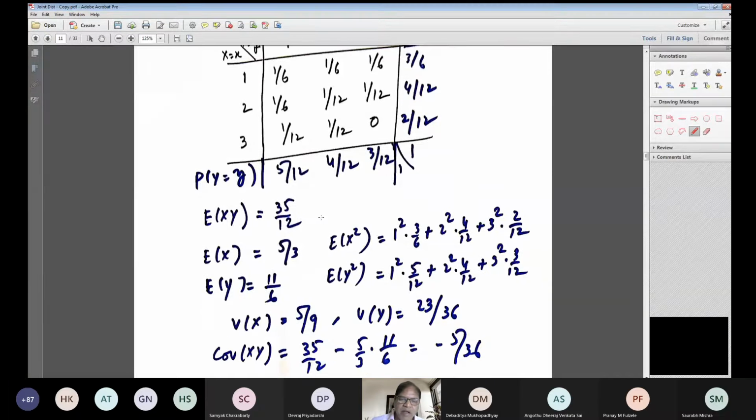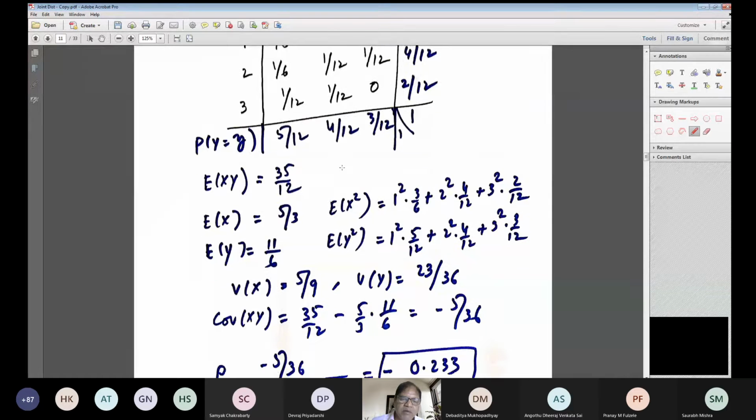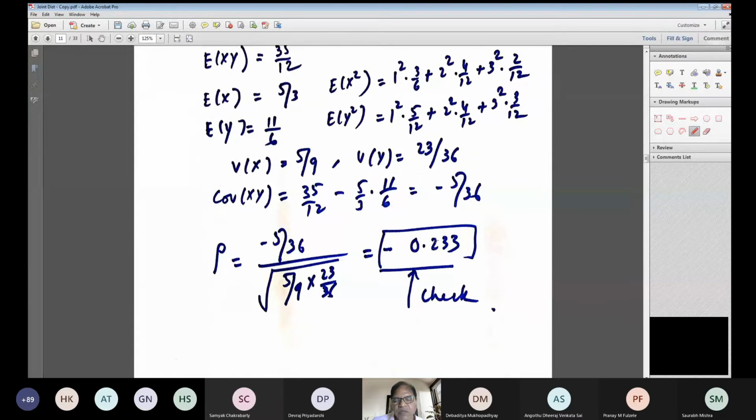Having done that, you can calculate various quantities involved in calculating the correlation coefficient. Mainly you require the mean and variance of the random variable x, and then you require the covariance term, which is expected value of xy minus e of x, e of y. Once you calculate all those quantities, you can finally get the correlation coefficient.